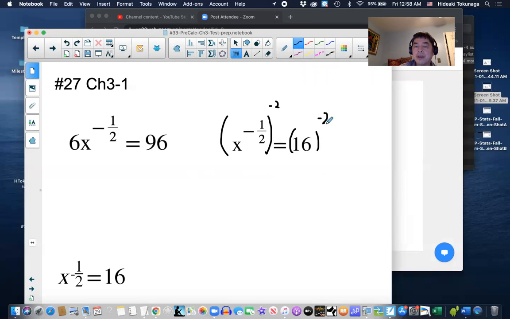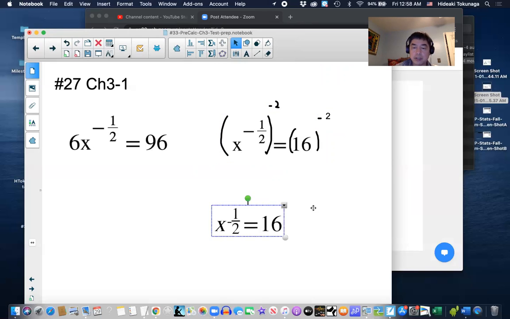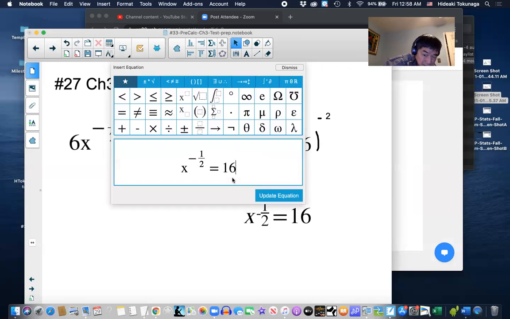It doesn't look pretty, so I just type 2. All right, both sides have negative second power. Now this one cancels, so x is going to be on the left hand side. This side is going to be 16 to the negative second power. That will be the answer.